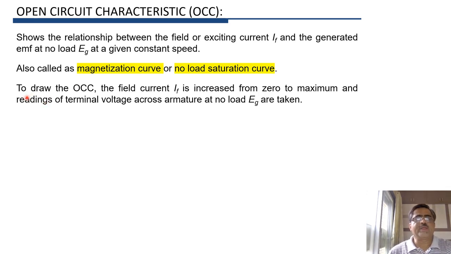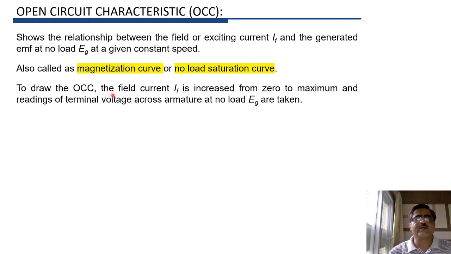Now while drawing the open circuit characteristic, we have to operate the generator at no load. At no load, the voltage drop in armature will be equal to 0, and therefore terminal voltage will be equal to EG.